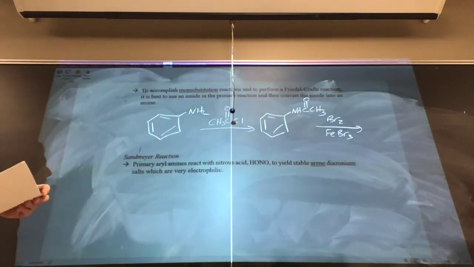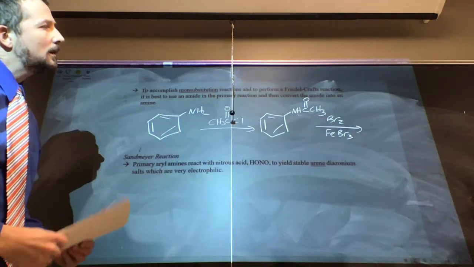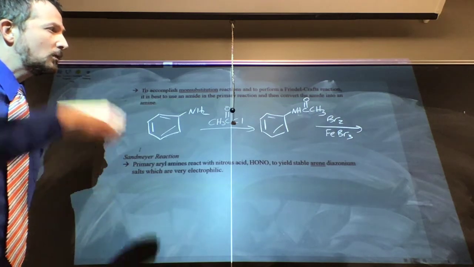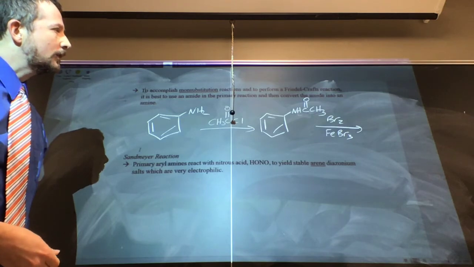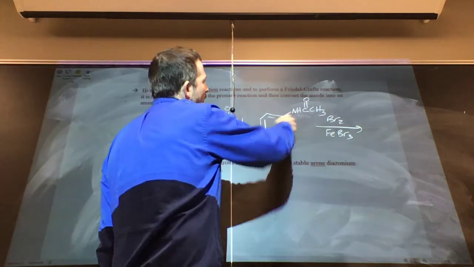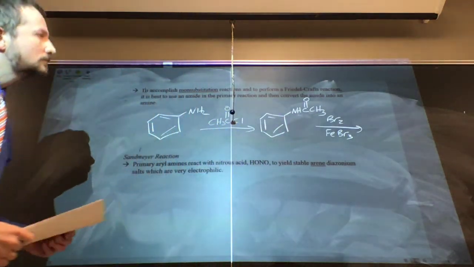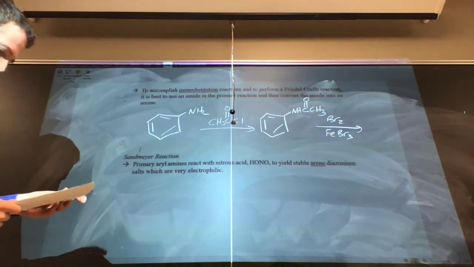So bromine adds a Br when you do bromine with your iron 3 bromide. And so this would still be an ortho-para director.